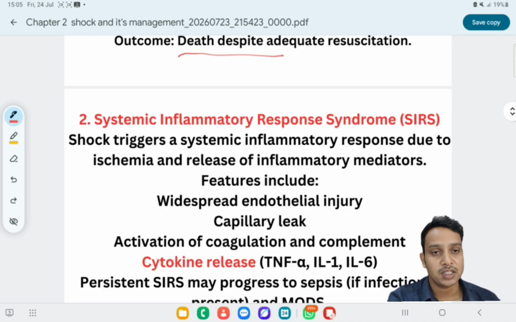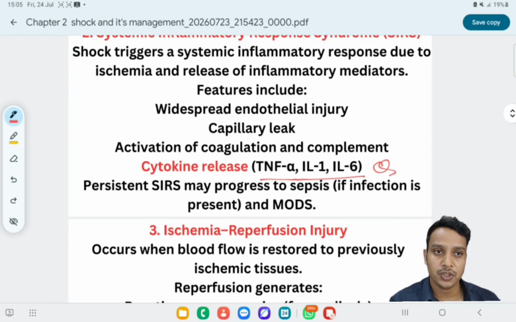There is a profound release of systemic mediators, leading to widespread endothelial cell injury, disseminated intravascular coagulation, and capillary injury, predominantly mediated by interleukins: TNF alpha, interleukin 1, and interleukin 6. This persistent SIRS progresses to sepsis, and ultimately leads to multiple organ dysfunction syndrome.